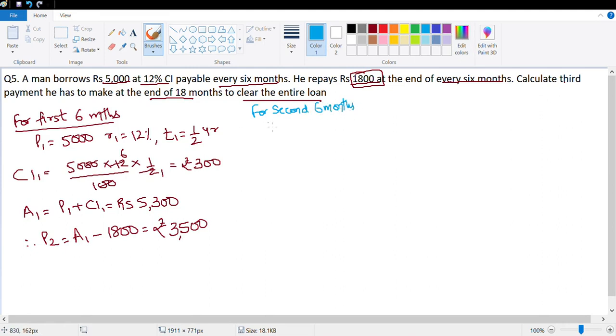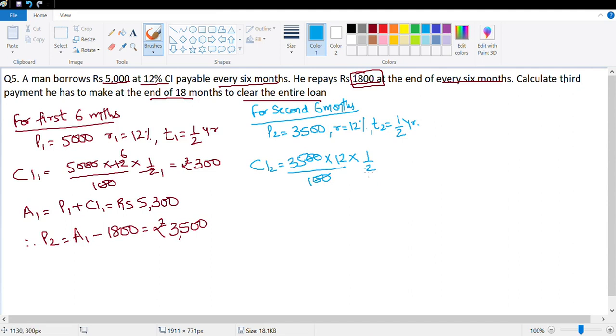So let's look at the second 6 months. In this case now, principal is equal to rupees 3500, R is still 12%, and time again 6 months, so this is half year. Let's calculate compound interest for the second term, which is 3500 into 12 into half upon 100.